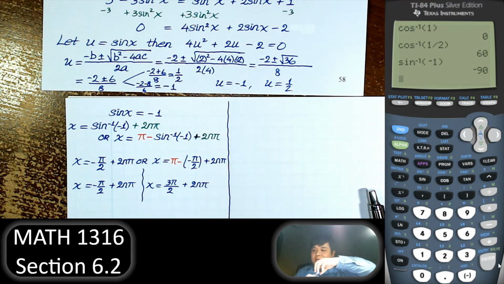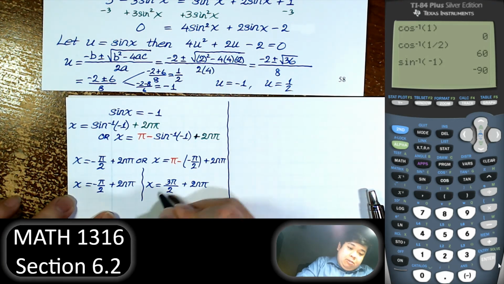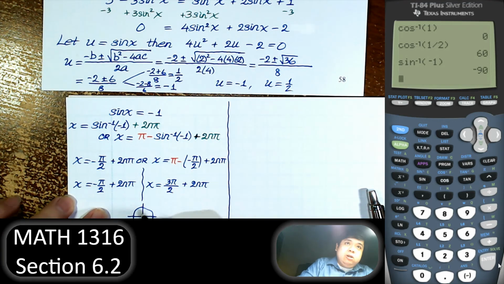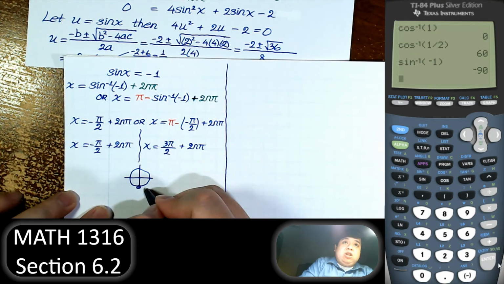Right. Just one thing though. These two points are actually identical because we talk about the unit circle. -pi/2 is here and 3pi/2 is also there.